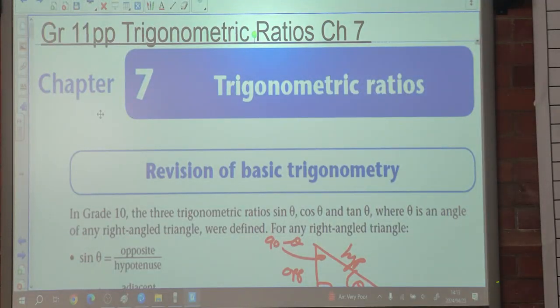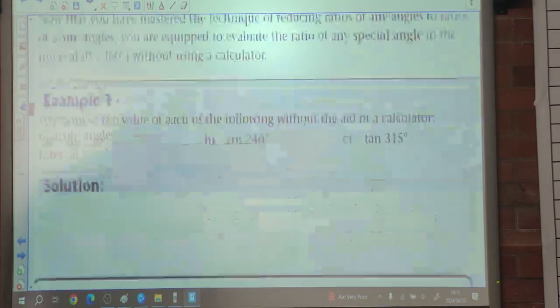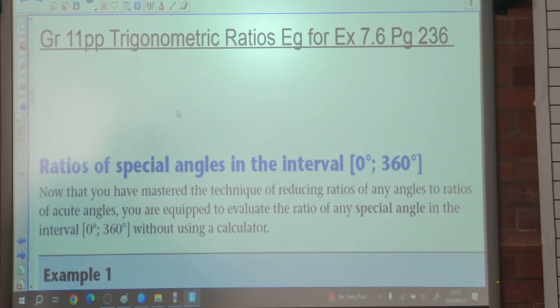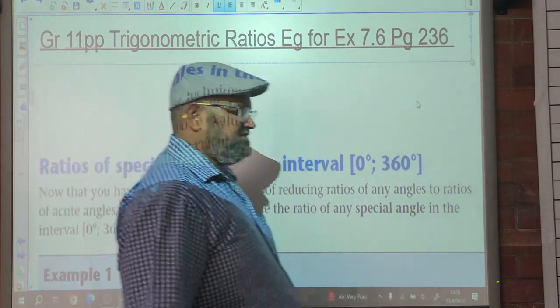Okay, good afternoon, class. At this point, we're looking at trigonometric ratios. We're looking at the examples for exercise 7.7, and the heading for today is ratios of special angles in the interval 0 to 360 degrees.